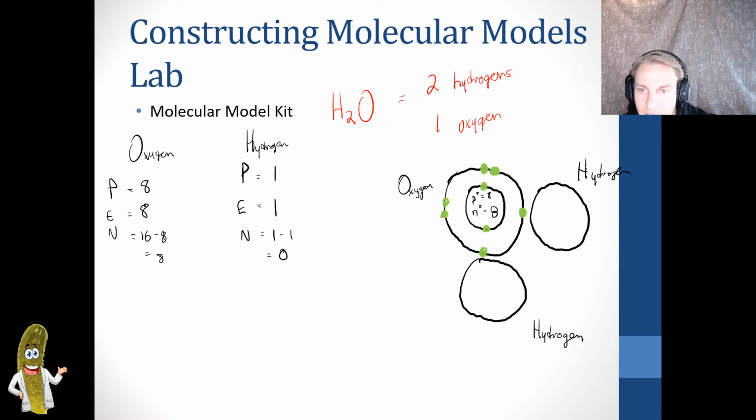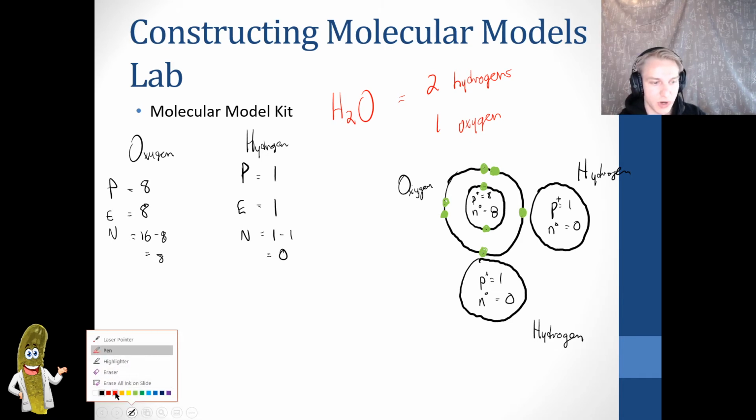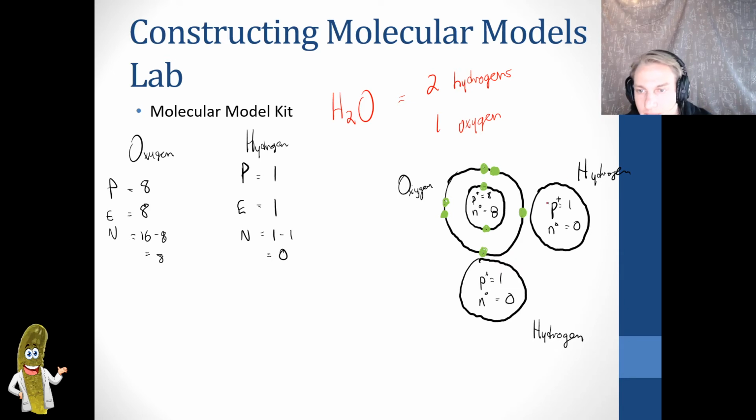Okay, and what I know is that these guys will have number of protons equal to 1 and number of neutrons equal to 0. When I'm drawing these electrons, what is going on with molecular compounds is they're actually sharing these electrons.